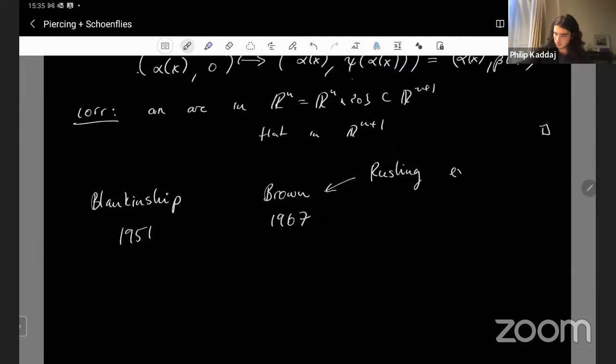I think it's example 2.6.6, which is an arc in Rn, so n greater than 4, which is wild everywhere but cellular. An arc that's wild everywhere is not a countable union of segments.